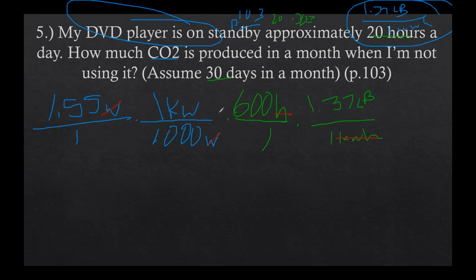So kilowatt hours cancels out with kilowatt hours, and you should end up with 1.2741 pounds. Not much. It's not a ton, but it's more than nothing. And there you go.